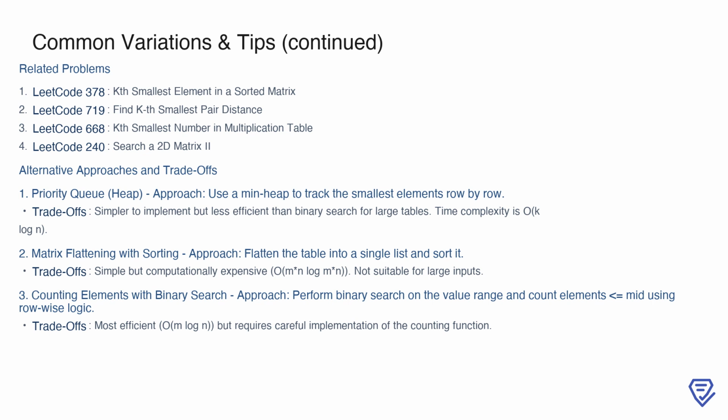While intuitive, this method is computationally expensive, with a complexity of m times n log m times n, making it unsuitable for large inputs. The most efficient method remains binary search on the value range, combined with a counting function to determine how many elements are less than or equal to a midpoint. This approach, while optimal, requires careful implementation to ensure the counting logic is both correct and efficient.